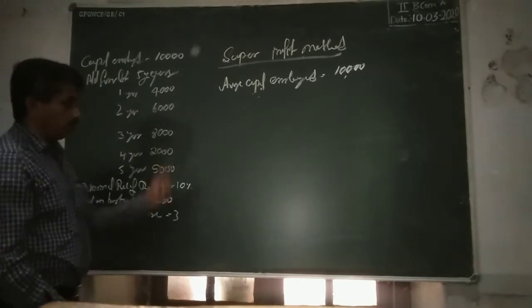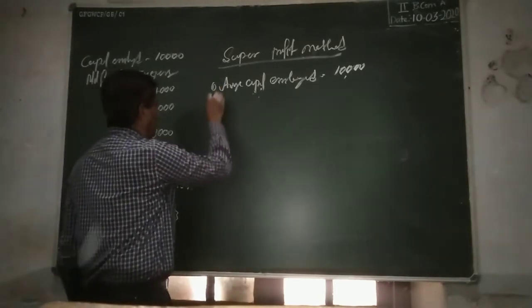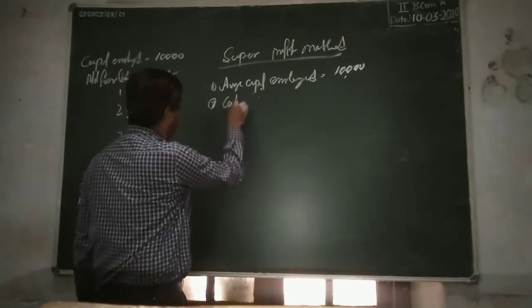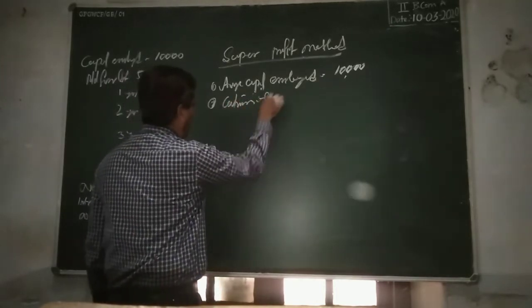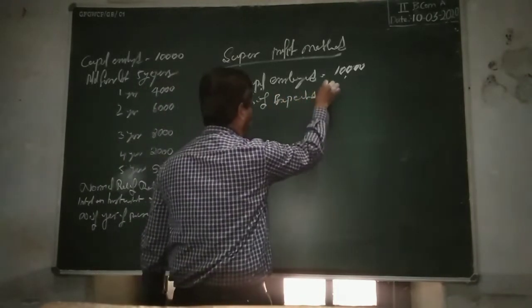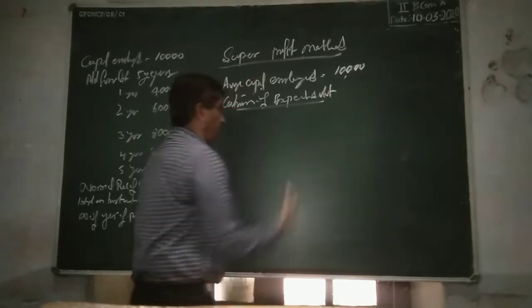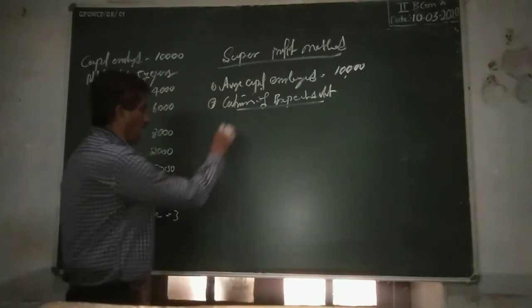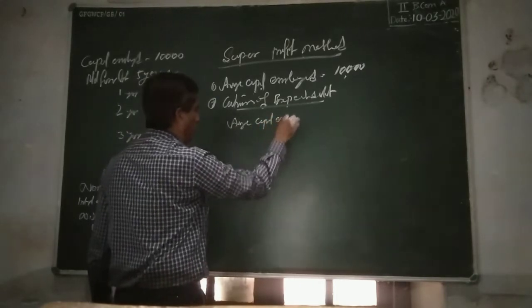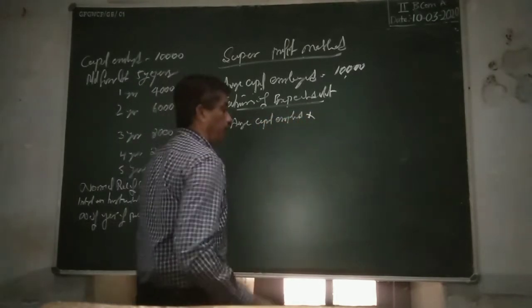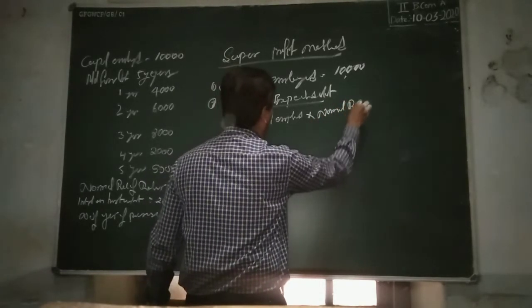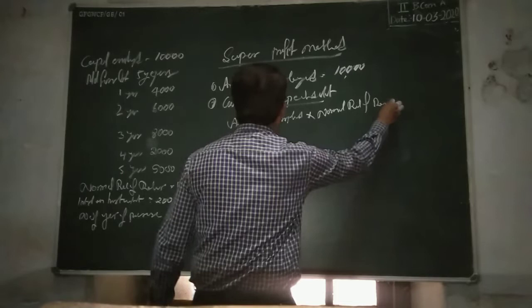Now, the second step here is the calculation of expected profit. The expected profit is found as average capital employed into normal rate of return.